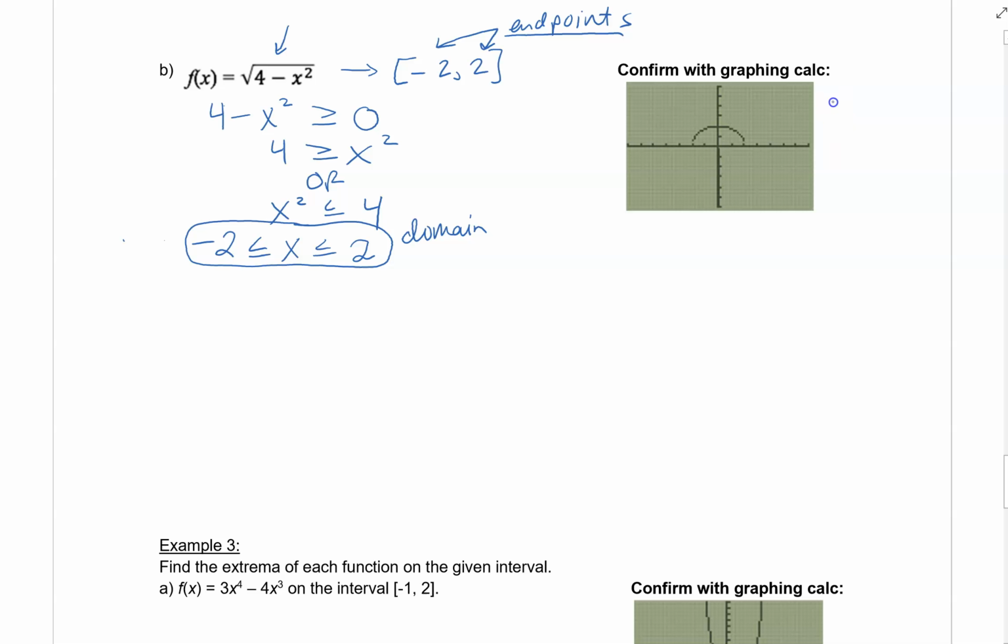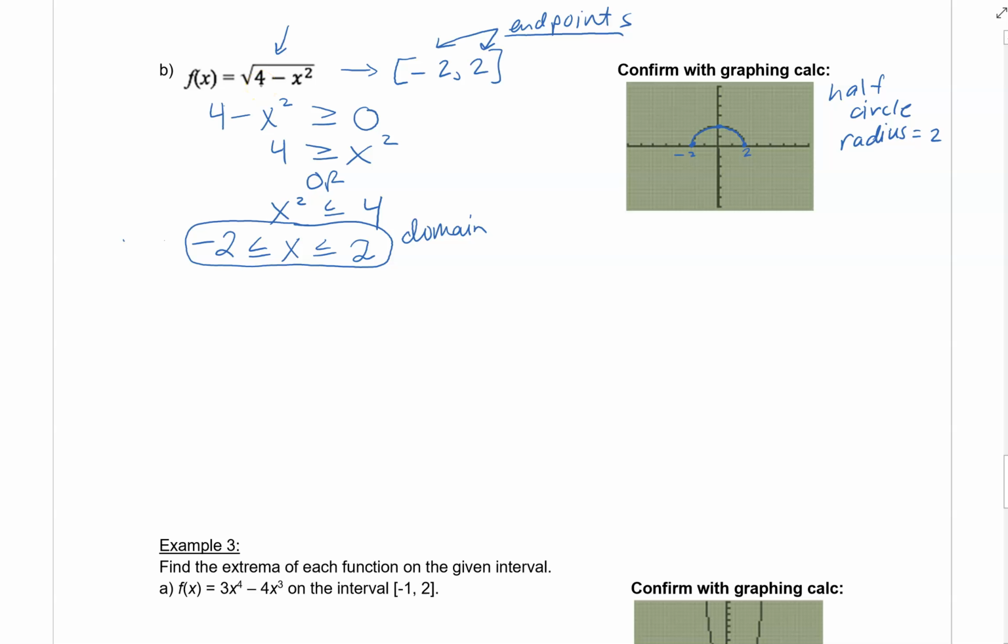This is basically a half circle with a radius of 2. So it's going up to the y-axis at 2, and then to the left and right on the x-axis at 2 and -2. And you can see it does not go beyond that. Just looking at the graph, you can see that both of those endpoints are going to create absolute minimum values. But I'm going to show you how to find that analytically as well.